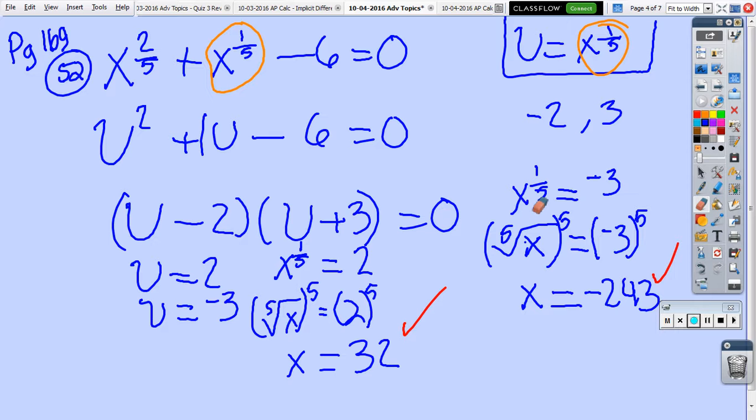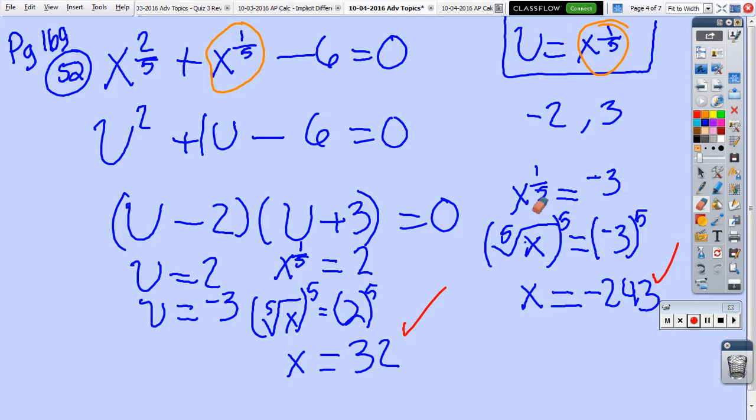Because I substituted the x to the 1/5 back in for U to get this. After you get that, I want to solve for x. I don't care what x to the 1/5 is. I want to know what x is. So how do I get x to the 1/5 to become x to the first, which is x? I raise it to the 5th power.